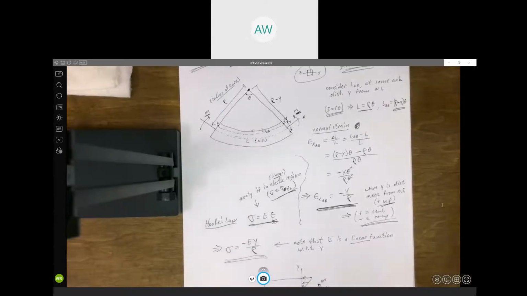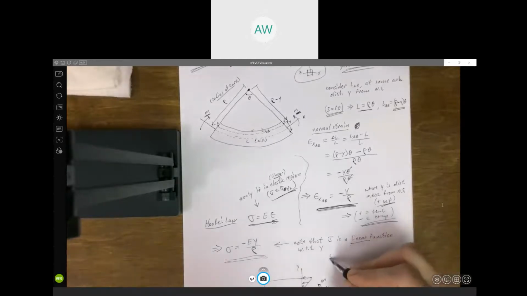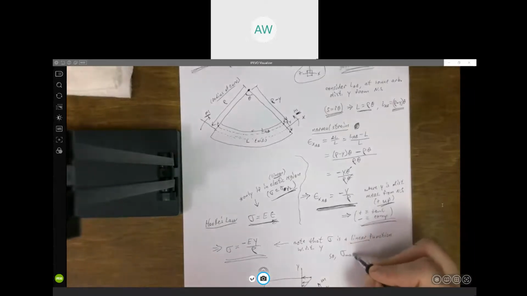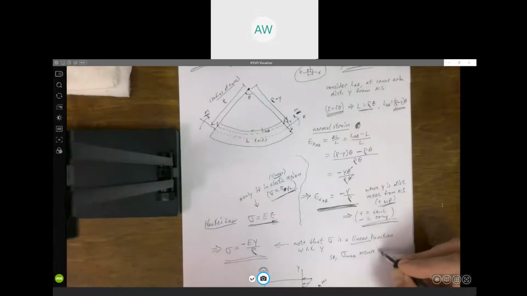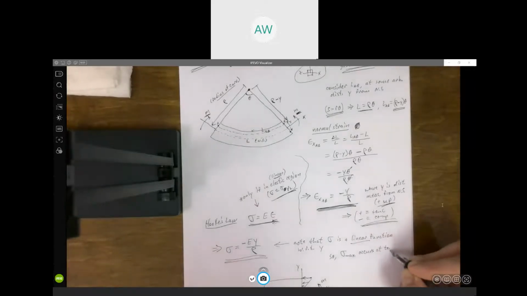So the further you get away from the neutral surface, the larger the stress. Right? So that's how we know our maximum is going to occur at the top and bottom surfaces.